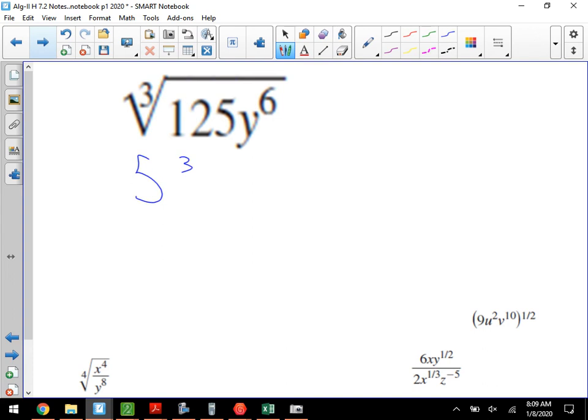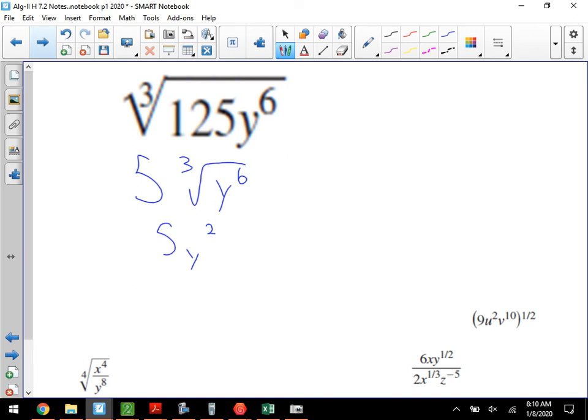Now I'm just going to rewrite this for a second. Cube root of y to the 6th. What I want you to think of here is, how many times does 3 go into 6? Are there any leftovers? No. What's the cube root of y to the 6th? I wanted to show you that before I showed you the long method.